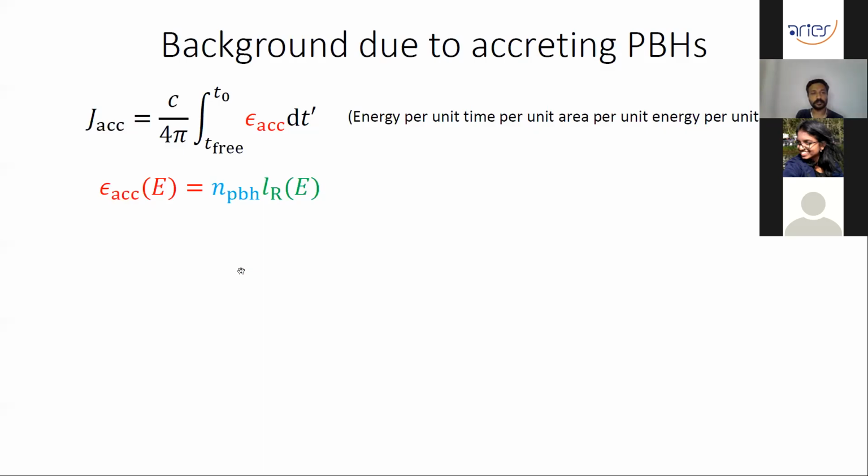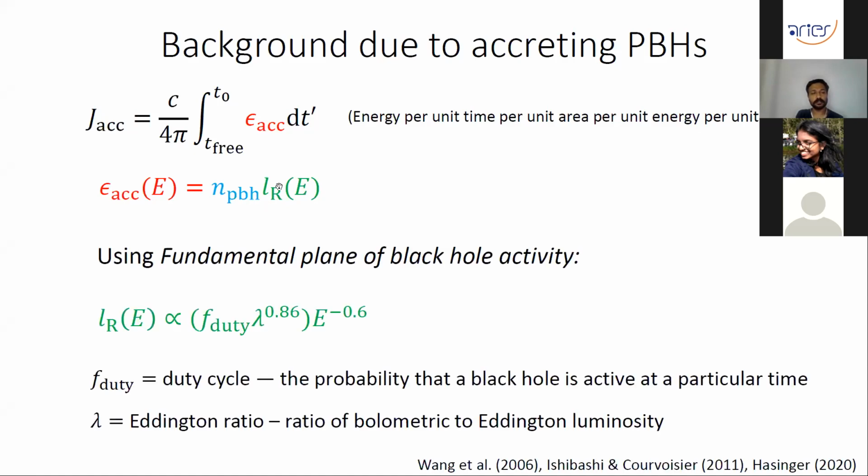So the idea is very simple. We are going to construct the specific intensity from the emissivity, which is this epsilon over here, and we calculate this using the specific luminosity from a single black hole times the number density of these black holes. The specific luminosity from a single black hole can be constructed using what is known as the fundamental plane of black hole activity.